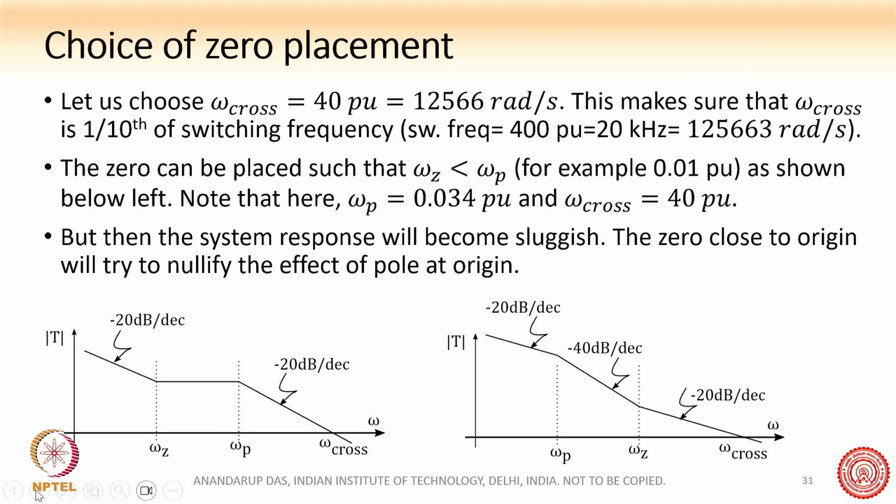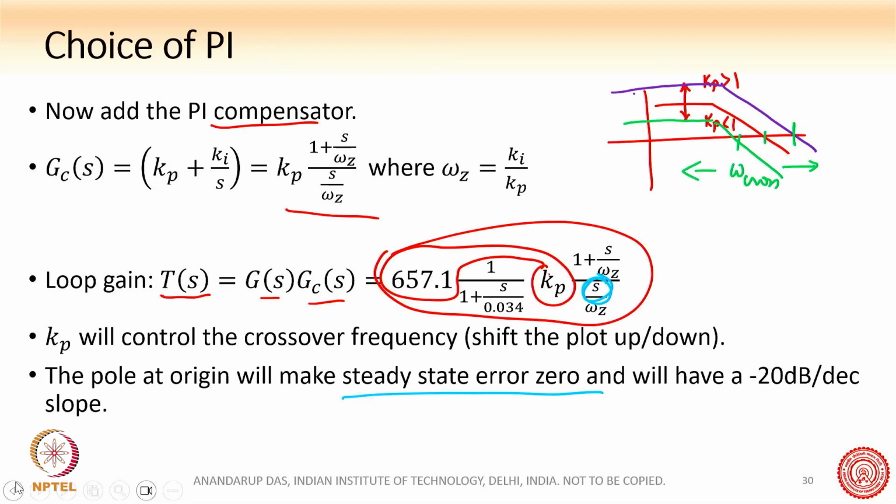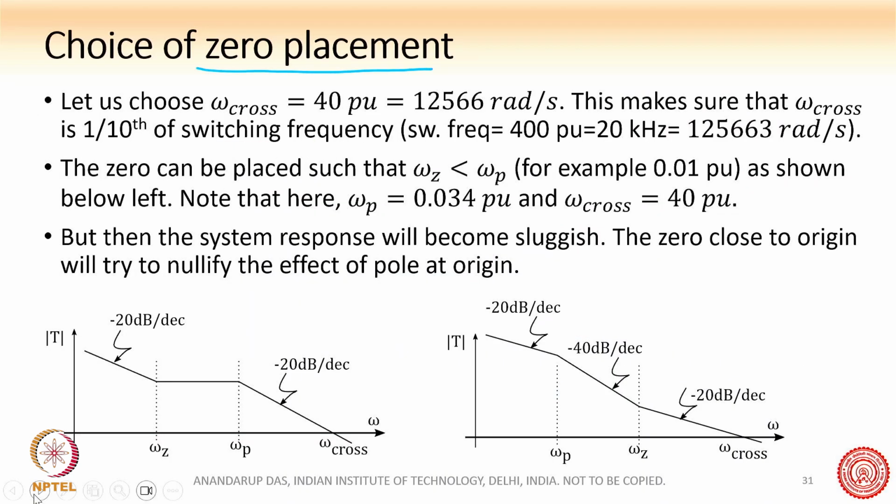Now one more thing that is important is the choice of the 0 placement. Here you can see there is a 0, this one. How to choose that 0? For that there are two options actually. There is already a pole, omega p, that is coming from the plant.